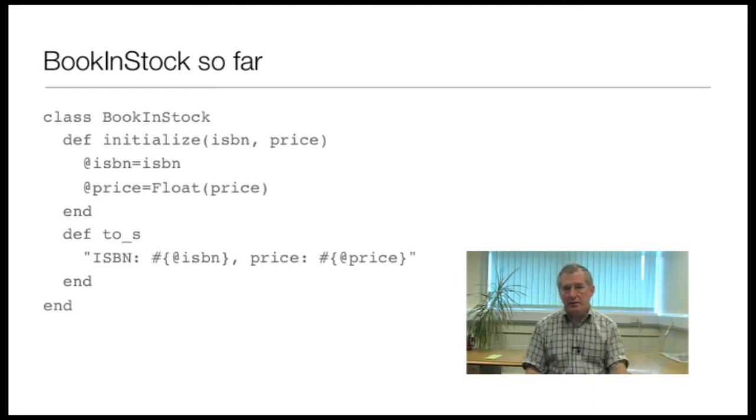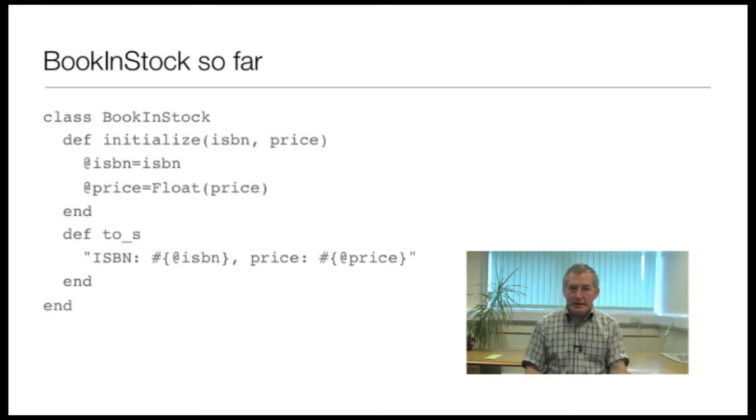Typically we don't look at the creator method, that's inherited from object, but what we do is to declare an initialize method which is invoked after an object has been created, and we're using it quite simply in this particular case, simply to instantiate the two instance variables of an instance of book in stock.